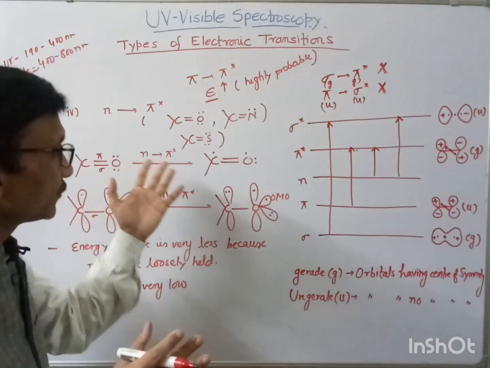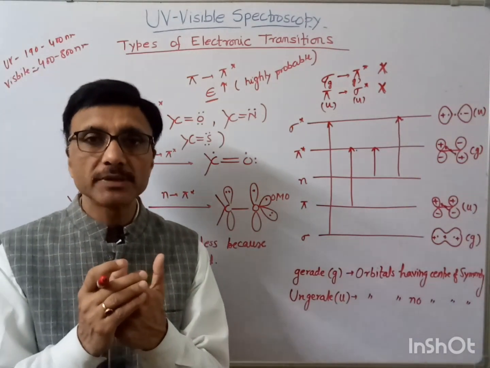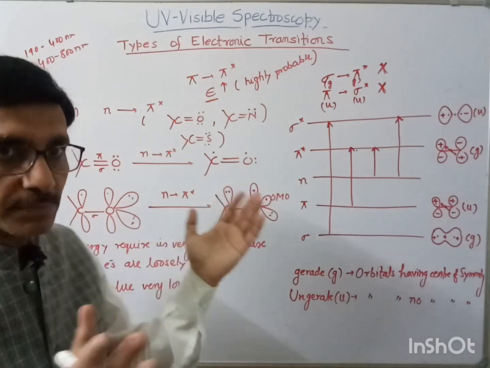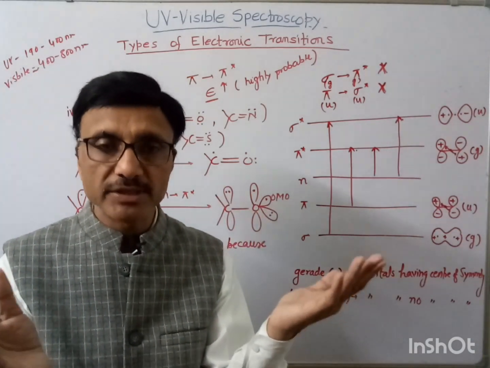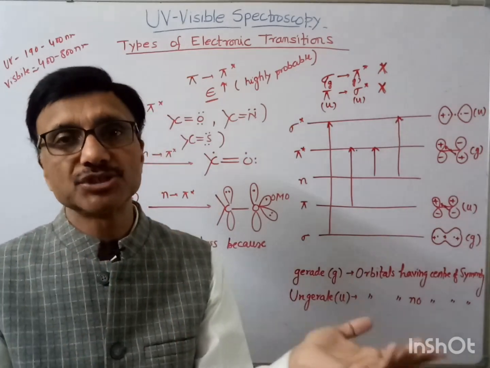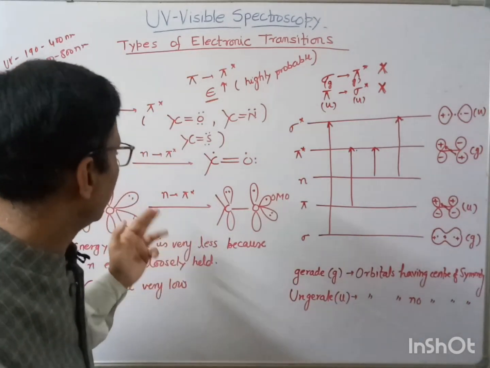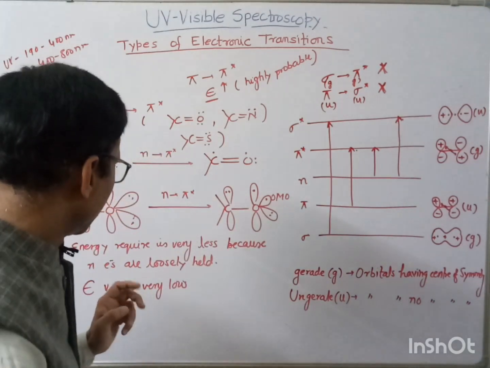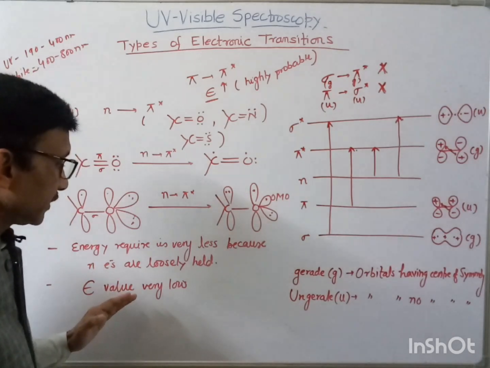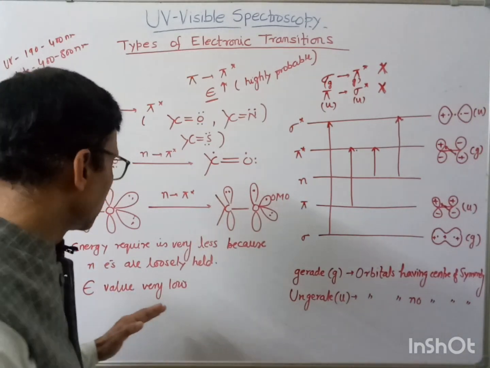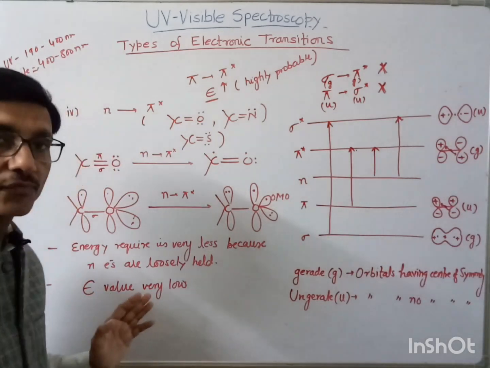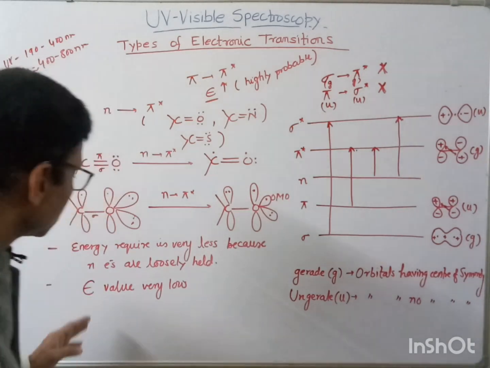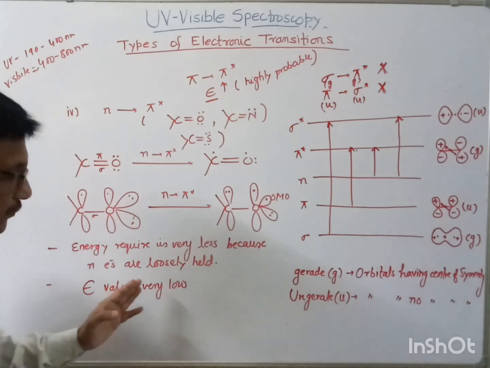Because after absorbing energy, some vibration takes place within the molecule, and there is a chance of partial overlap between the non-bonding orbital and the pi star orbital. So though the epsilon naught value is low, the transition takes place.